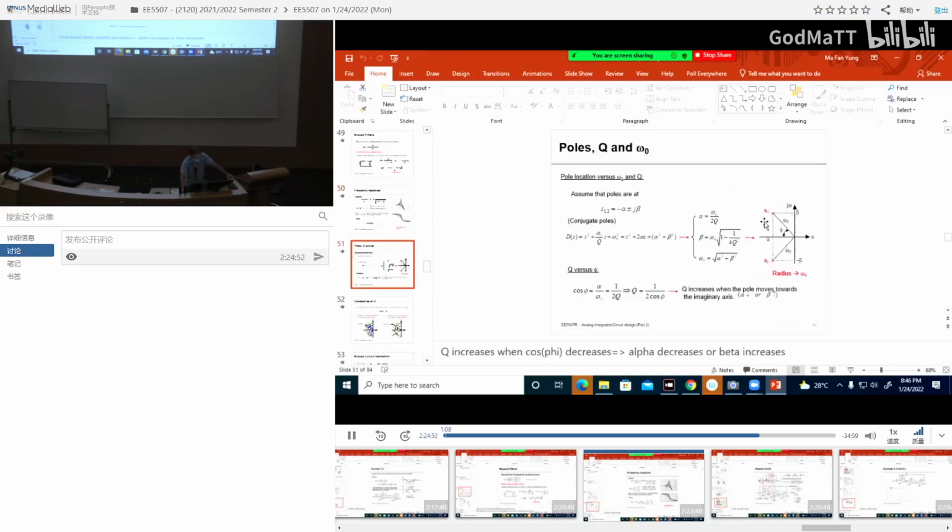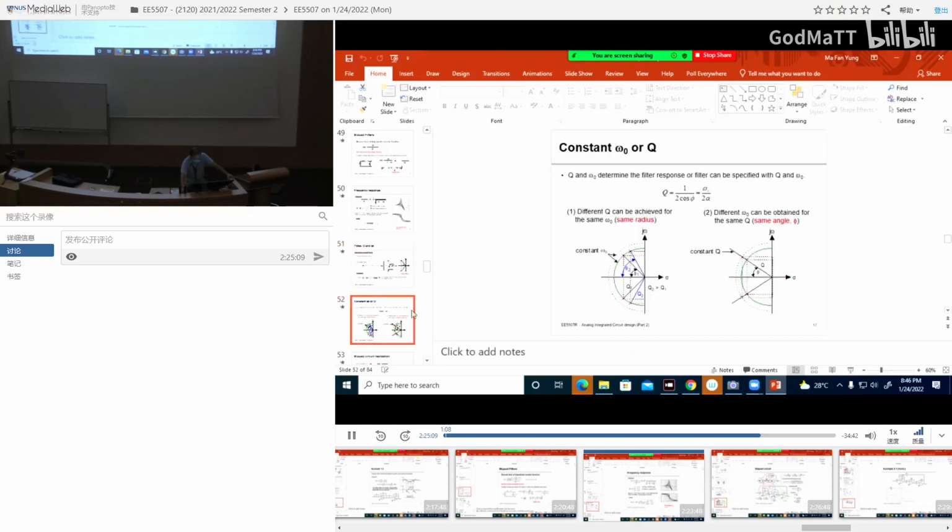And the location of the 2 poles will depend on omega 0 and Q. For different Q or different omega 0, you can see how the poles change, and also the filter response.